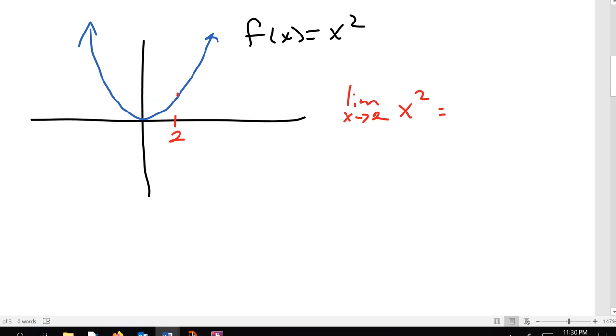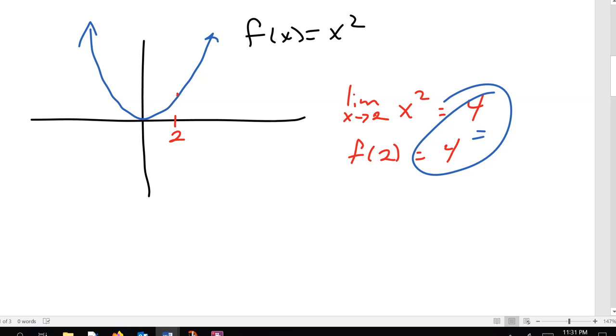Well, that's going to equal 4. It turns out, if I evaluate the function at that point, I also get 4. So, given that these two things are equal, f is continuous at x equals 2.